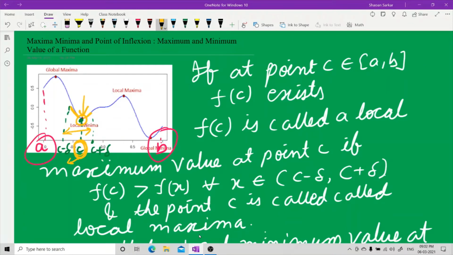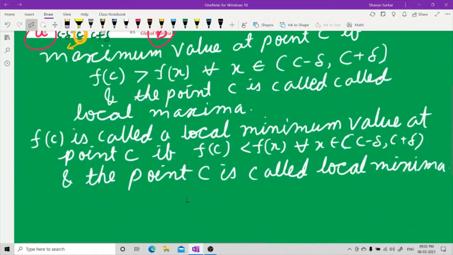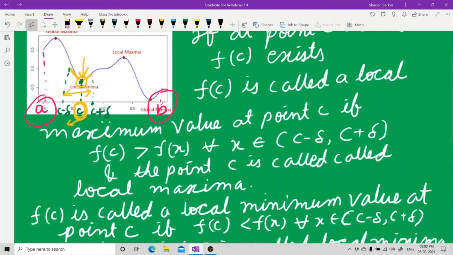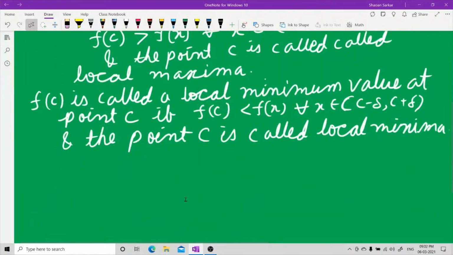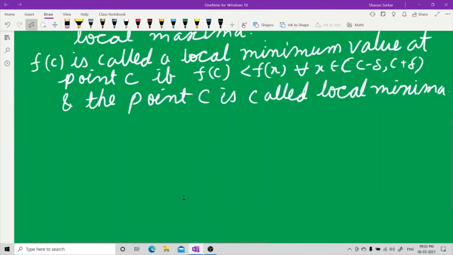Now we will understand what is global maximum and global minimum.